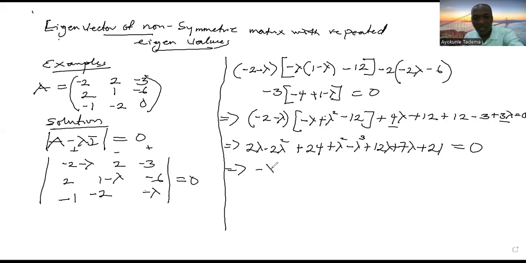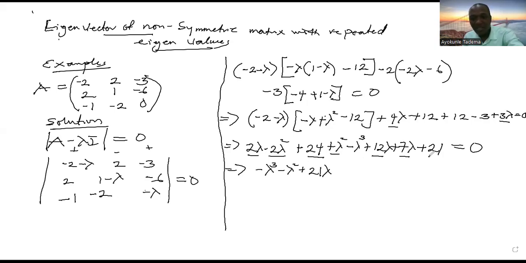And this will give us minus lambda raised to power 3, and this and this give us minus lambda squared, plus 2 lambda plus 14 lambda plus 21 lambda plus 21 lambda.